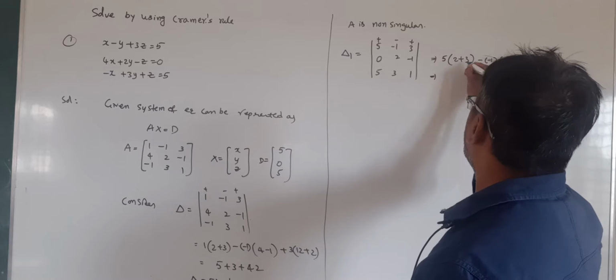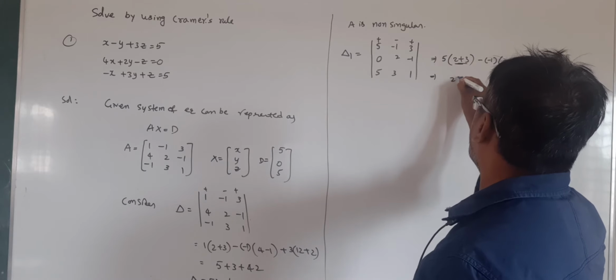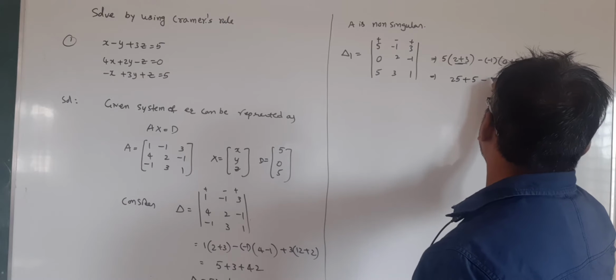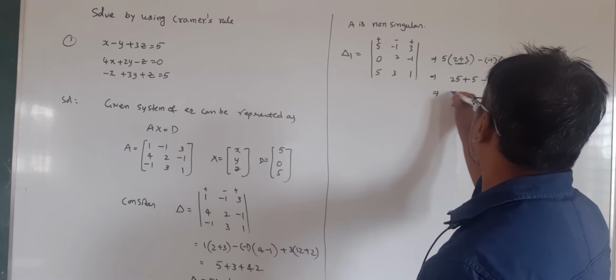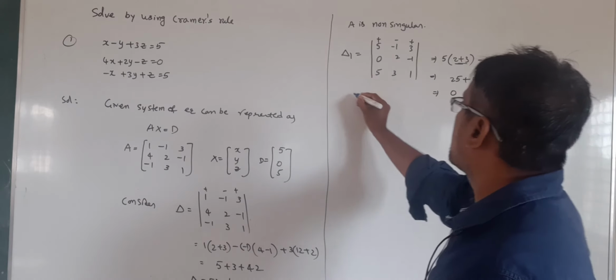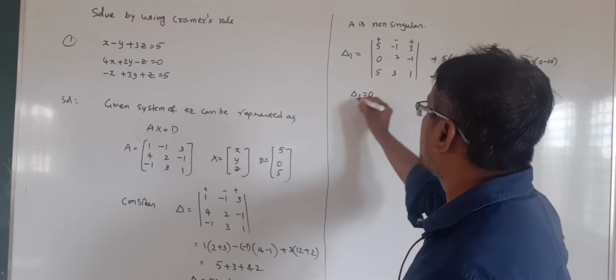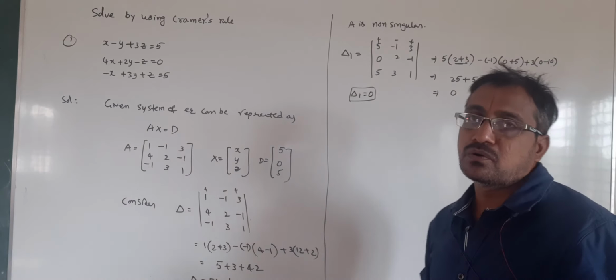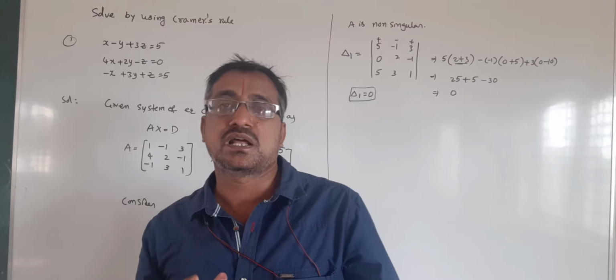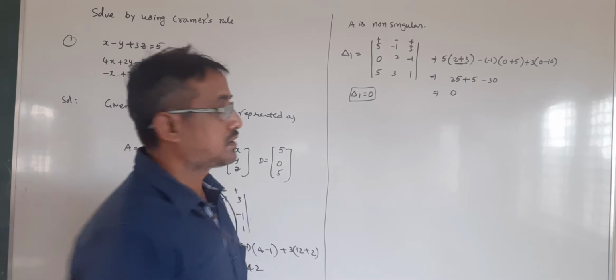So it will be 5 into 5, 25 plus 5 minus 30. So the result is 0. Remember that delta 1 can be any number, delta 2 can be any number, delta 3 can be any number, but delta must be a non-zero number.